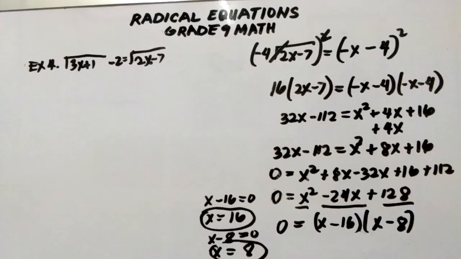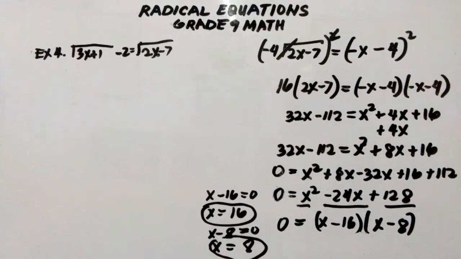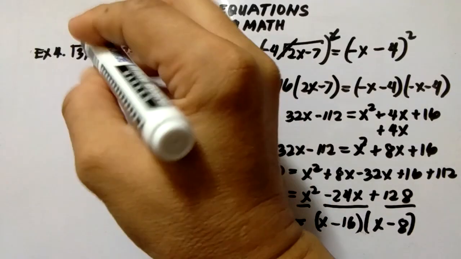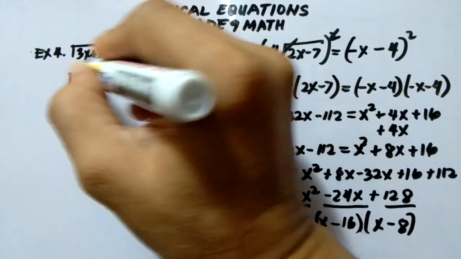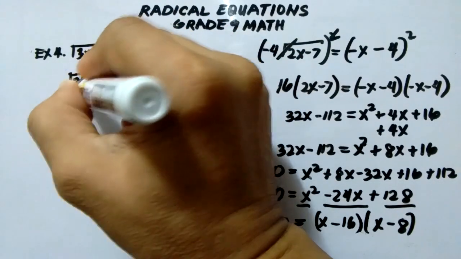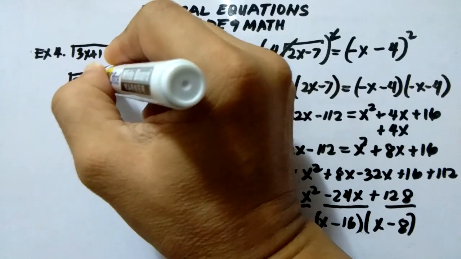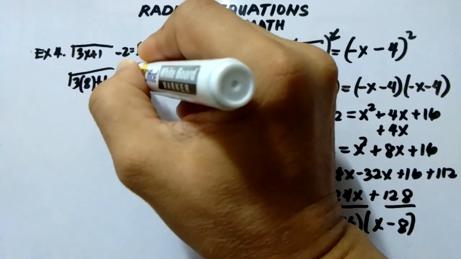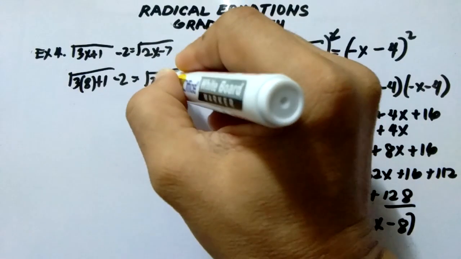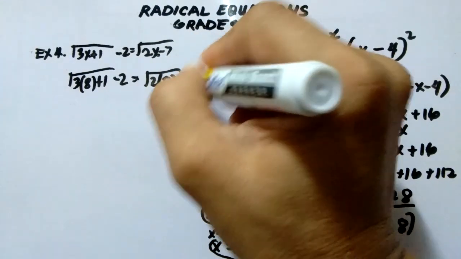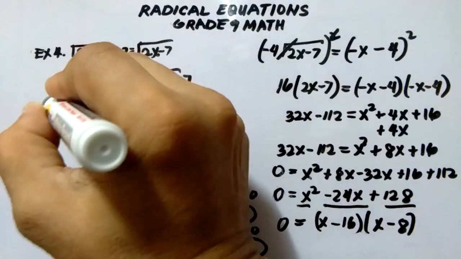So, substitute po natin yung x is equals to 8 sa ating checking, yung isa pong value. So, we have square root of 3 times 8 plus 1 minus 2 is equals to square root of 2 times 8 minus 7.